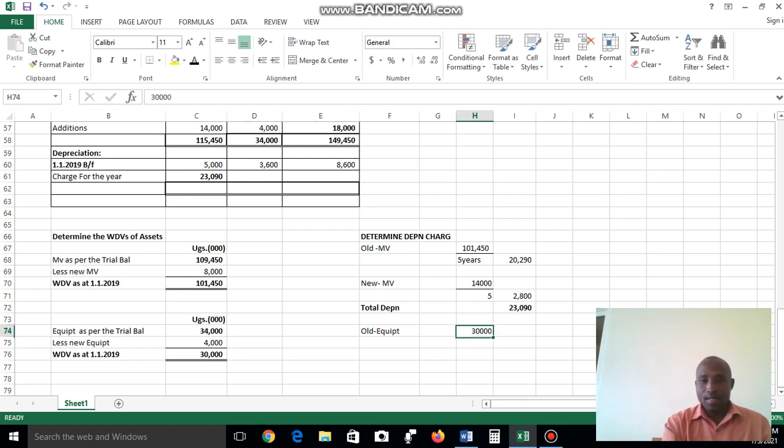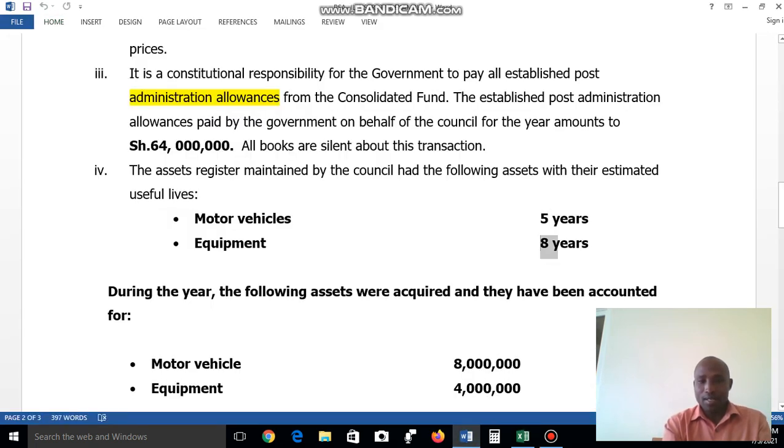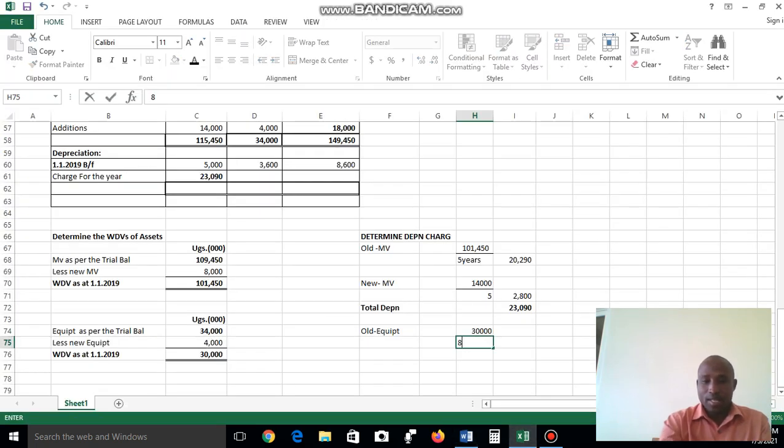Then you divide 30 by the number of years, because for the case of equipment the years are 8. So we shall use 8. Then the depreciation is 30 divided by 8. We get the depreciation for the old equipment.